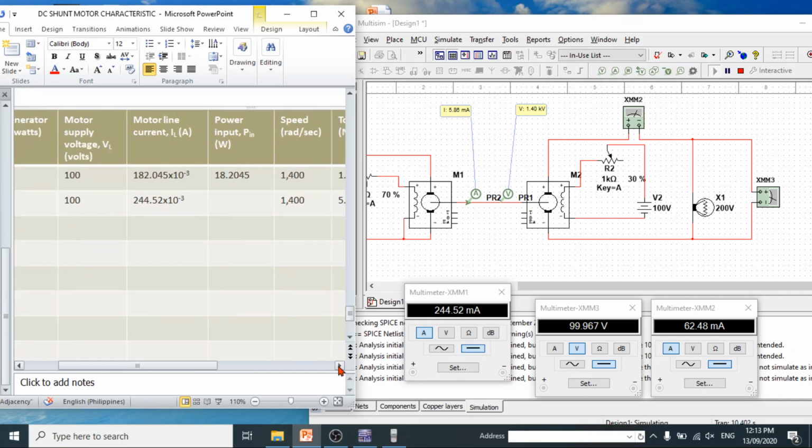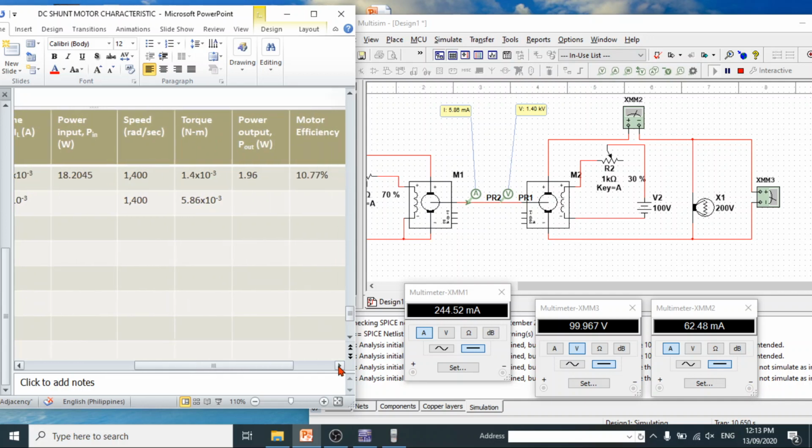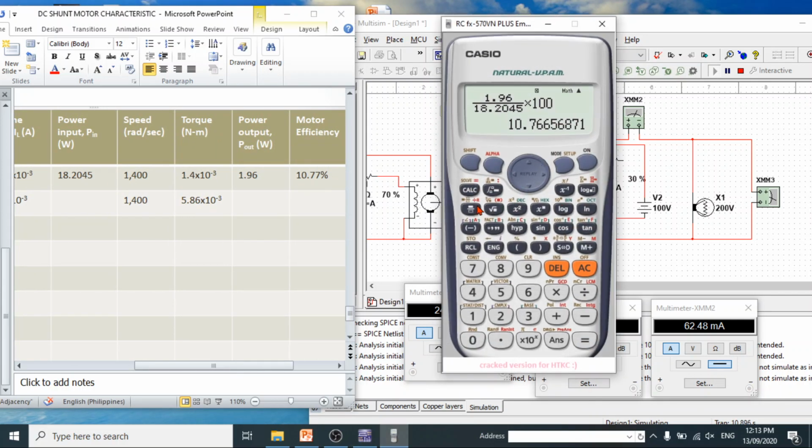We'll calculate the output power first. That's 2 pi nt, where N is in RPM, that's 1400 radians per second times 30 over pi, then times the torque, 5.86 times 10 to the negative 3, divided by 60.